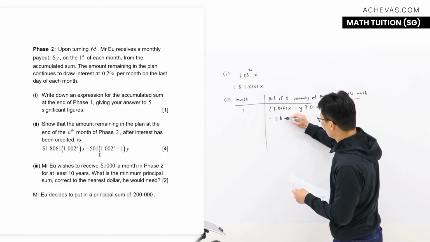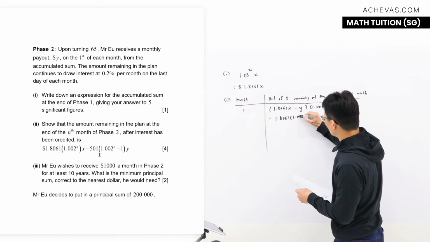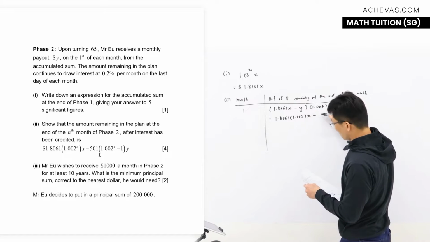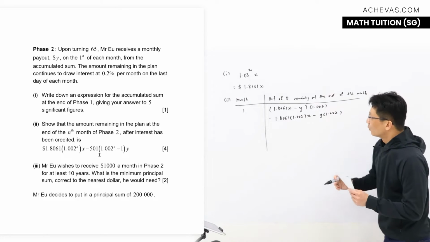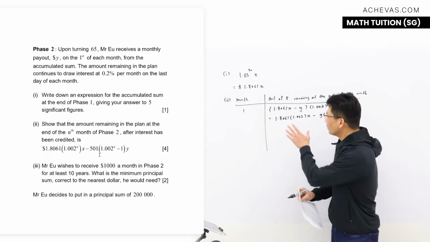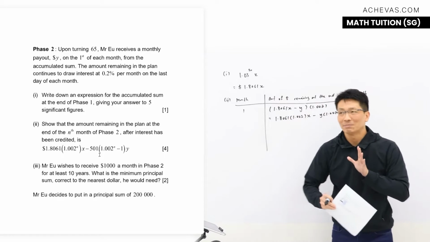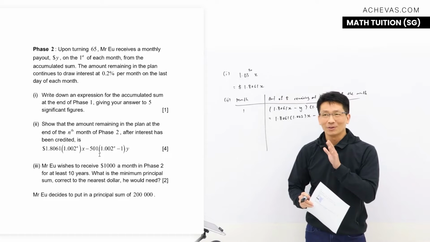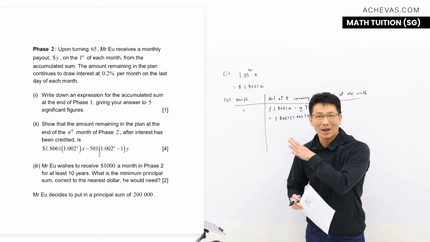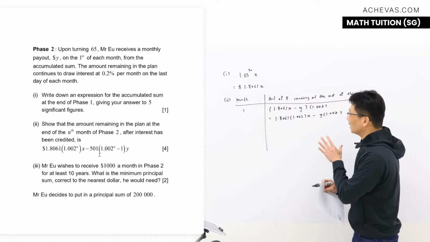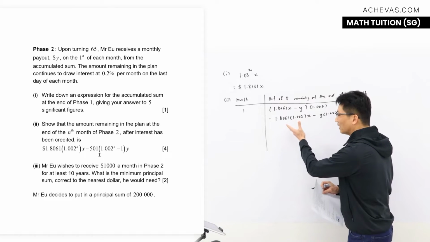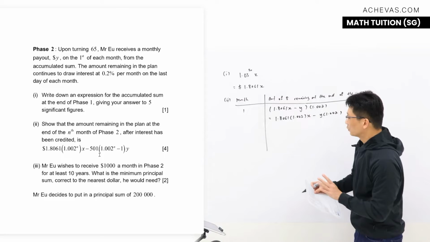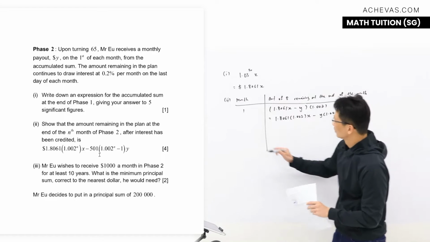I get 1.8061 times 1.002 X minus Y times 1.002. We try not to simplify too much here because if you simplify too much, you will destroy the pattern which you're supposed to have there. Usually, our aim is to identify a certain pattern after writing out the first few terms. So we try not to simplify too much.